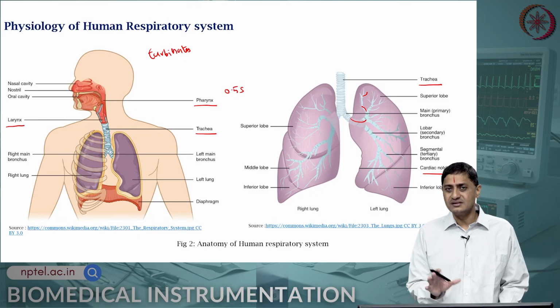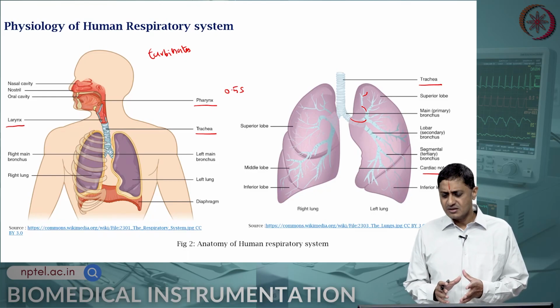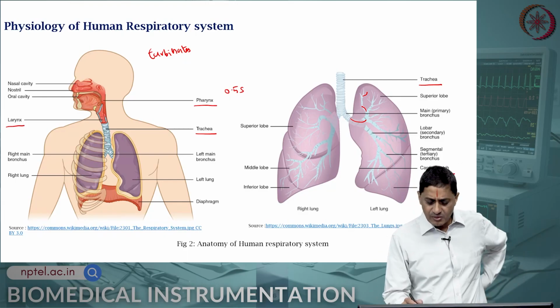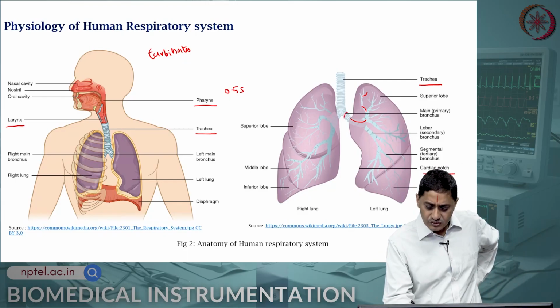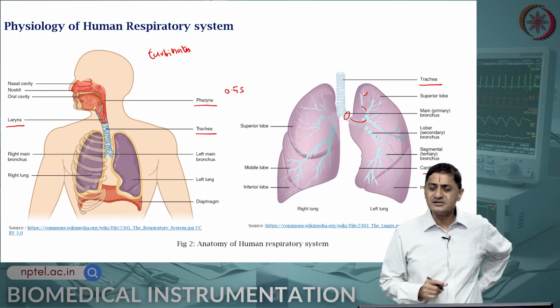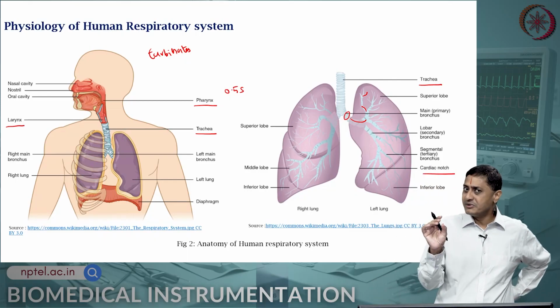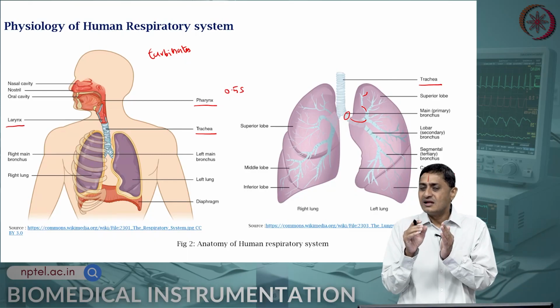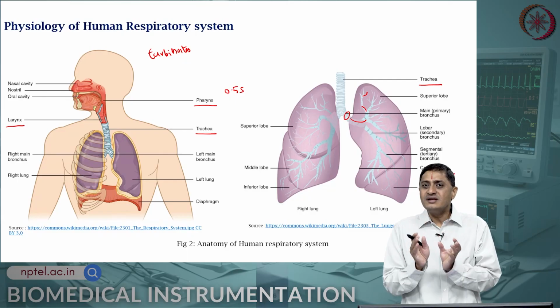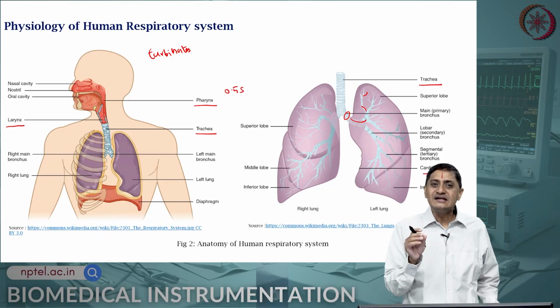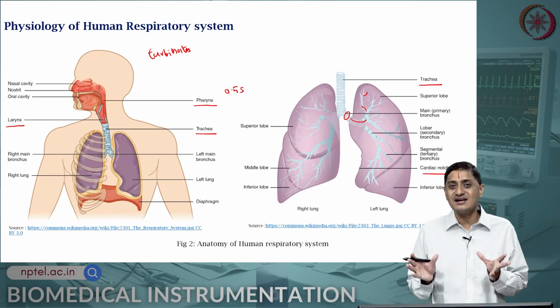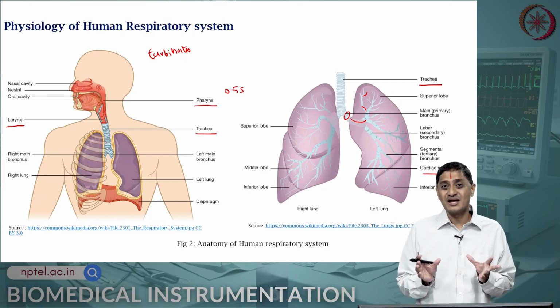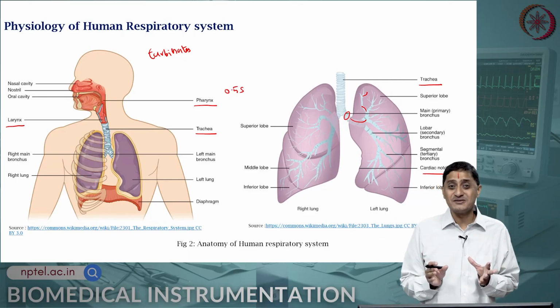These together, this branching, what is the idea? From about centimeter diameters, you have micron diameter, and then alveoli essentially increase the surface area so that gas exchange can happen in an efficient manner.